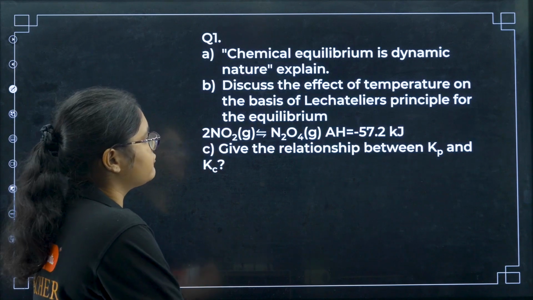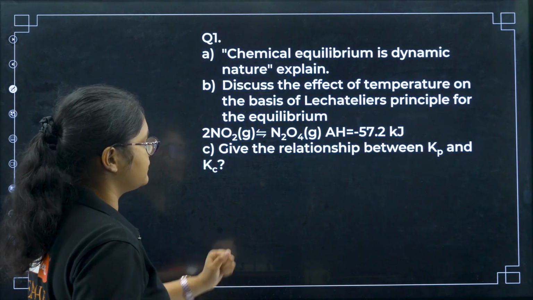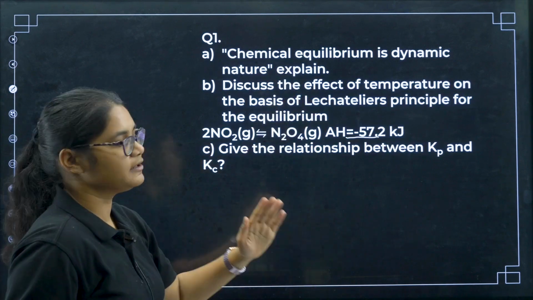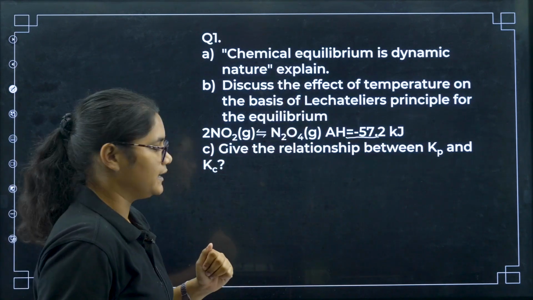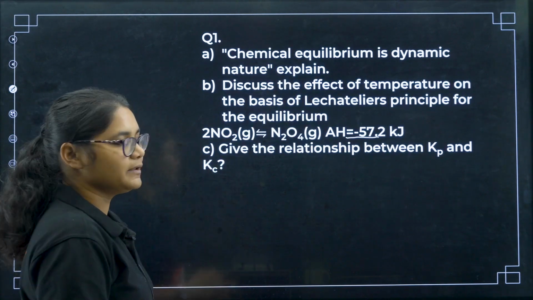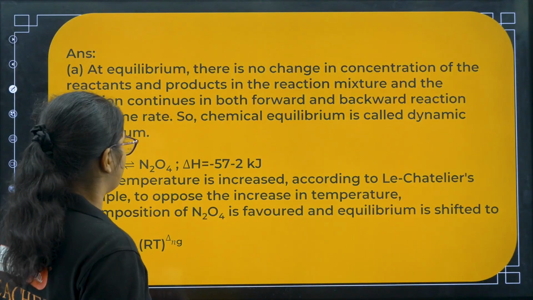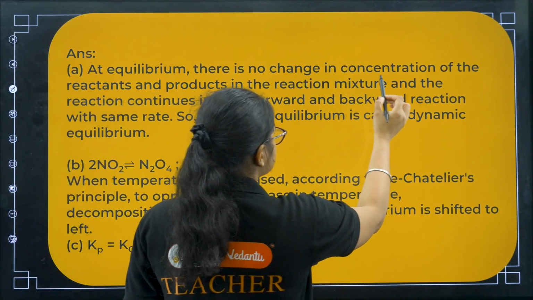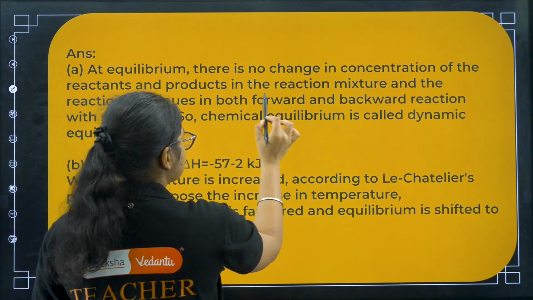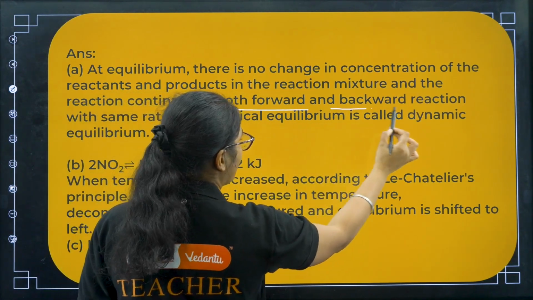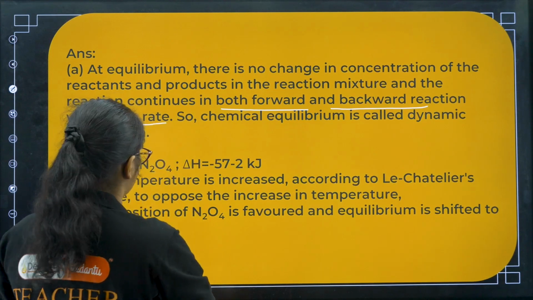Next, what is the effect of temperature on the basis of Le Chatelier's principle? You can see this is an exothermic reaction, so if you decrease the temperature, the reaction will go in the forward direction. Now what is the relation between Kp and Kc? Kp is equal to Kc times RT to the power of delta n. There is no change in the concentration of the reactants and products in the reaction mixture, and the reaction continues in both forward and backward directions with the same rate. Okay.